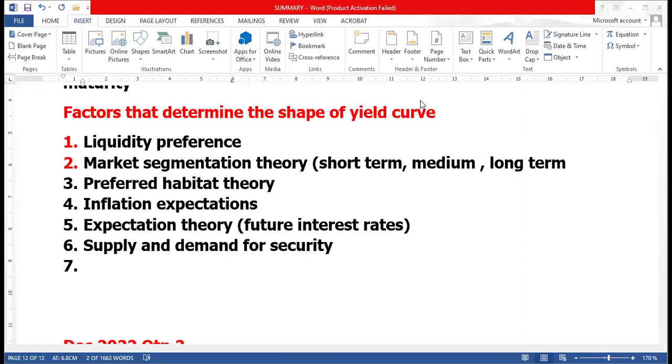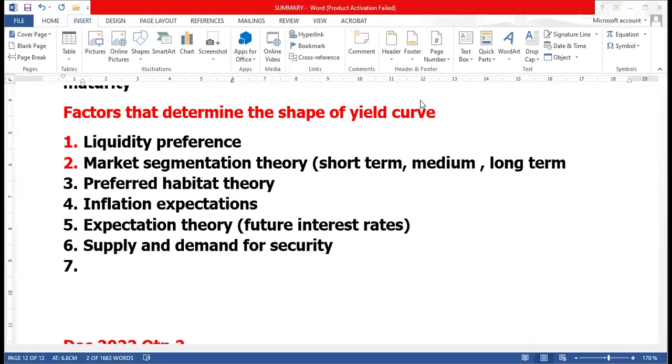I may be an investor who prefers to buy a bond of, let's say, 3 years or 5 years. But if I realize that there is more return if I invest in a different security, then I can go ahead and invest in such.